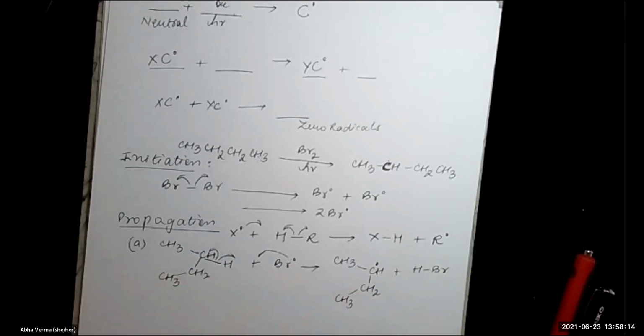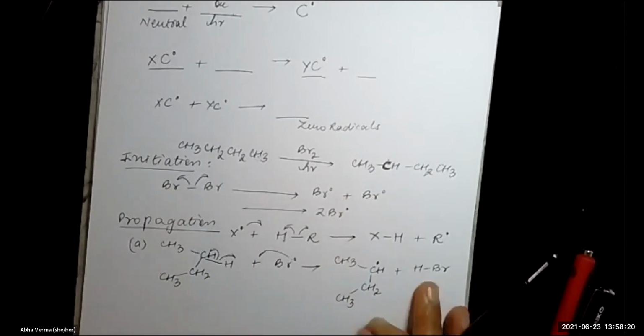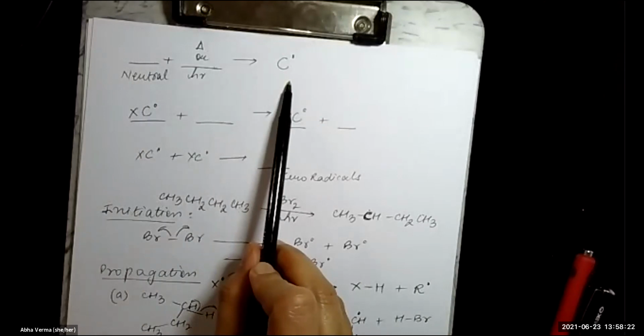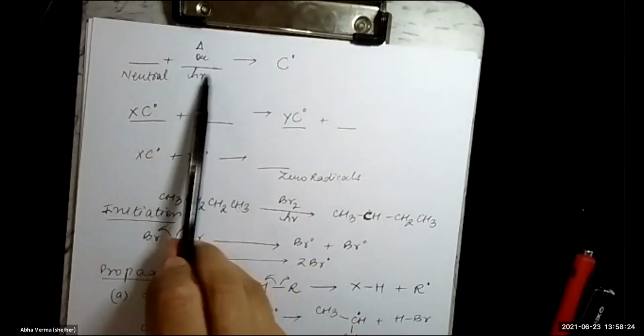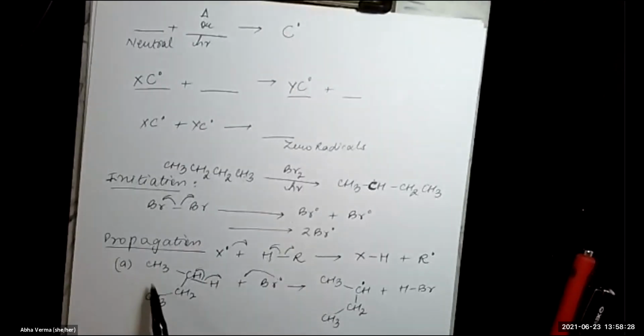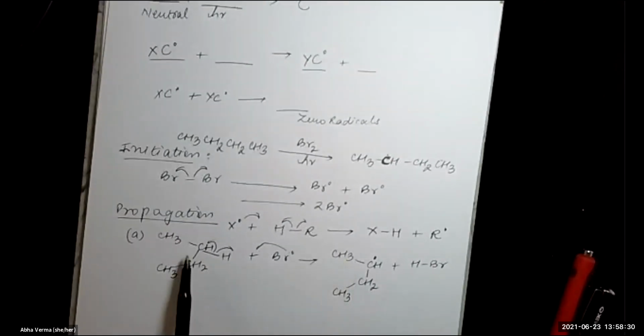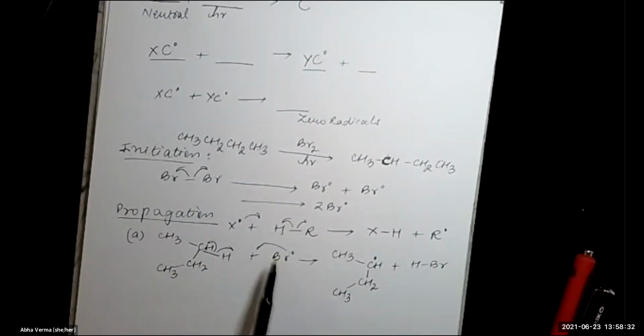So now look back. When I had initiation, I had no radicals to begin with, but now I have radicals. And that's what the initiation step is. No radicals in the starting material, but eventually you have some radicals. In the propagation, how many radicals do I have here? I only had one radical. And in my products, how many radicals do I have?